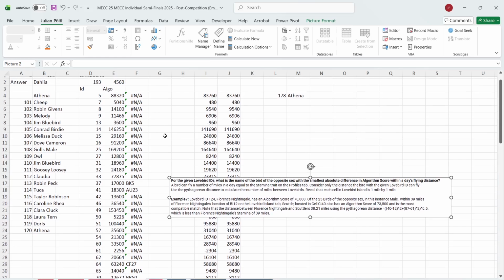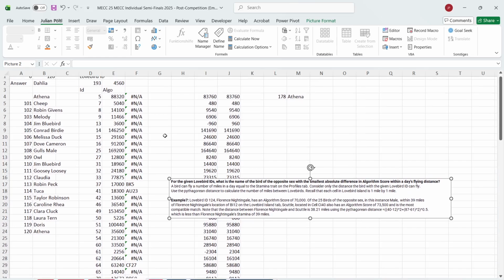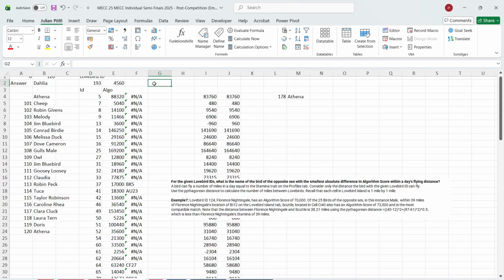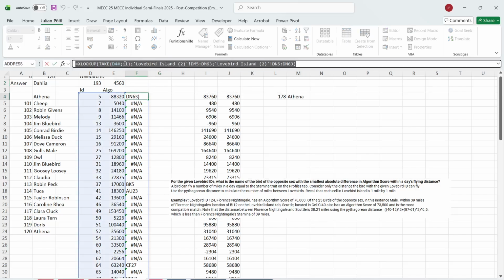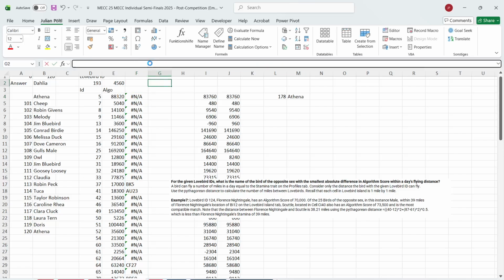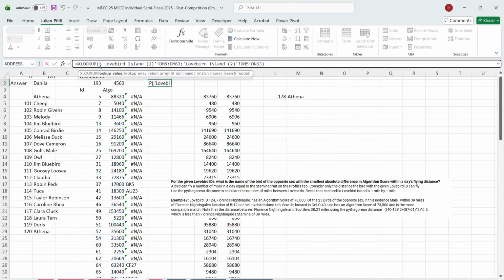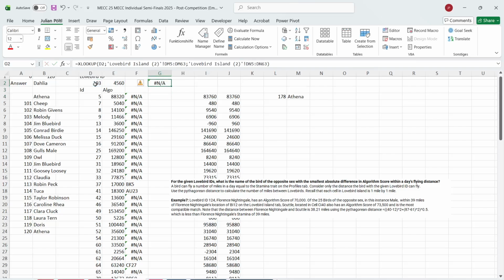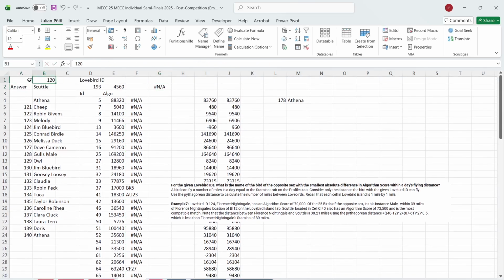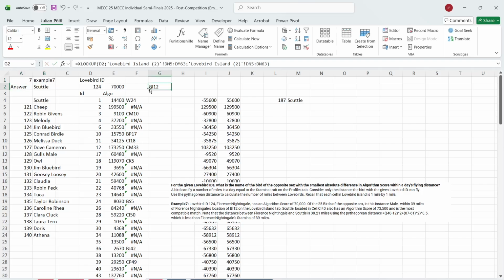Flight difference. 1 mile by 1 mile, Pythagorean distance. I also want to know where this birdie is located. 7, example 7. BL12. CL22.